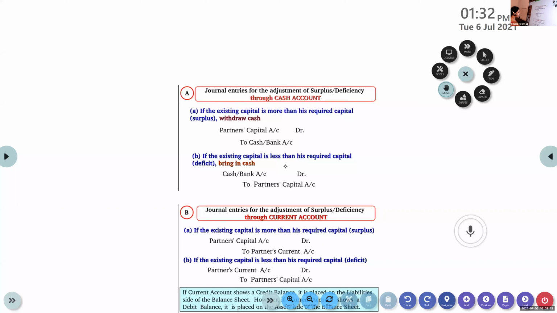Now, if it is by opening the current account, what was this current account? Capital account, current account. Remember, fixed capital method, fluctuating capital method. Under fixed capital method, we prepare two accounts: partners capital account, partners current account. It is that current account here.